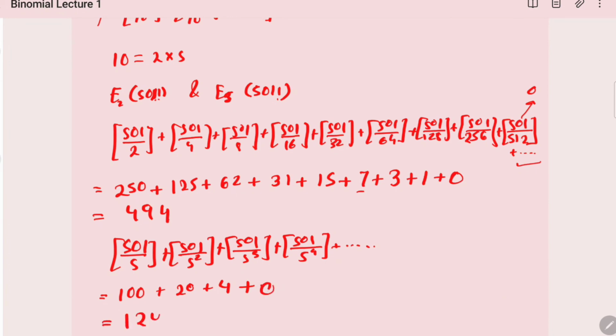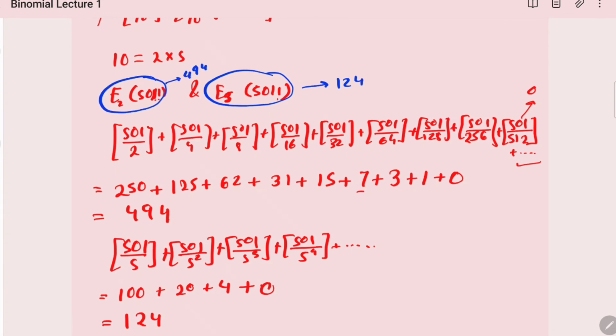So this is equal to 124, if I am not wrong. Let me check once again. Yeah, so 124.